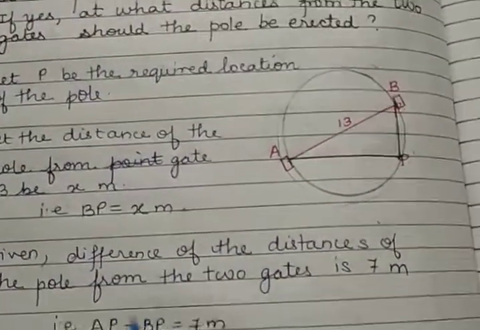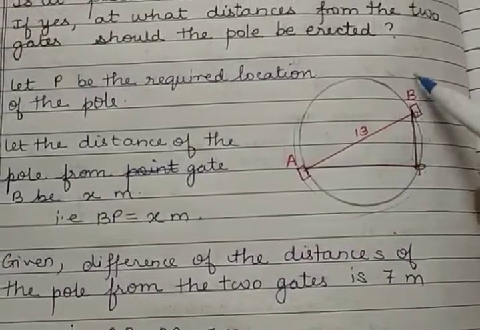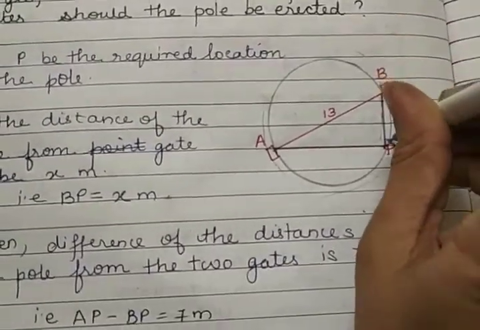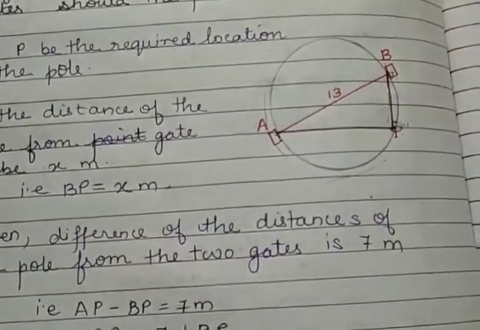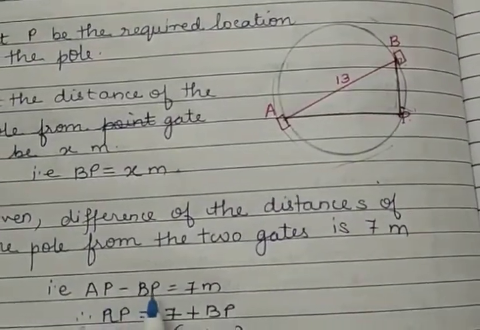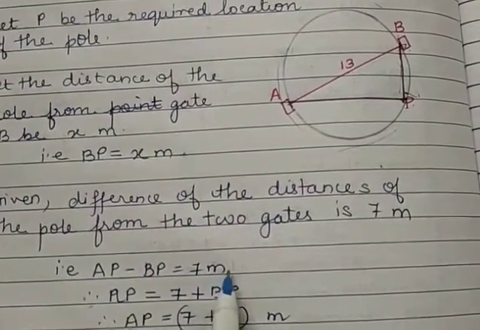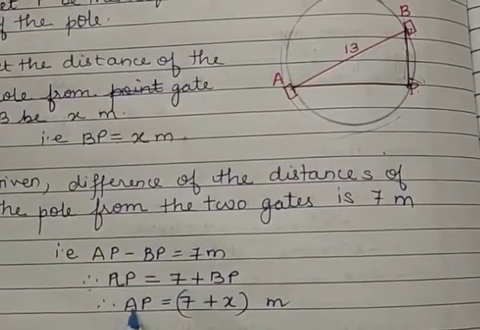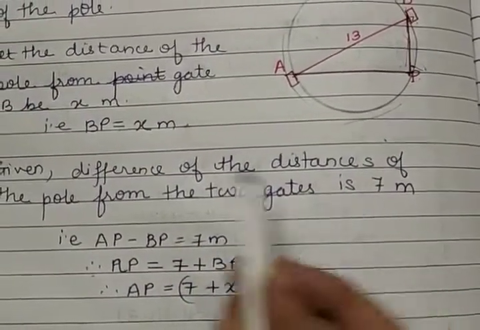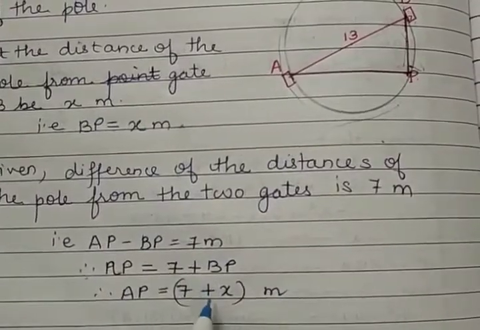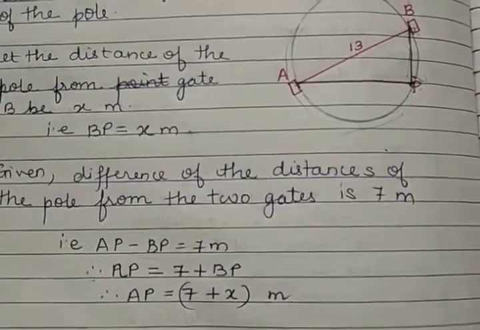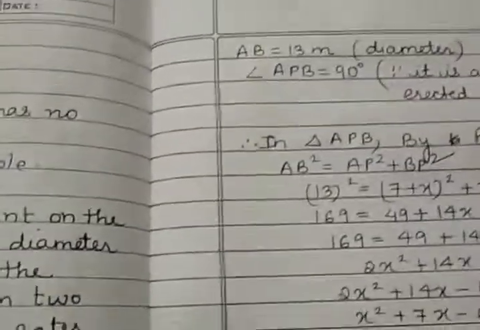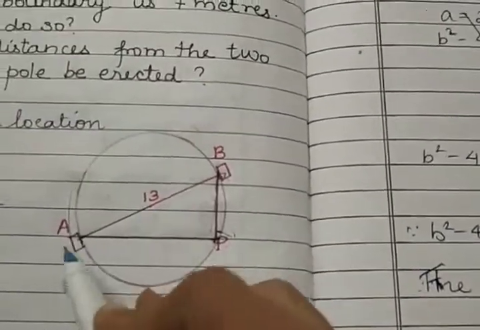That is, AP minus BP is 7 meters. So what should be your AP? AP will be 7 plus BP. So AP is 7 plus x meters. And AB is 13 meters because it is the diameter of the circle.